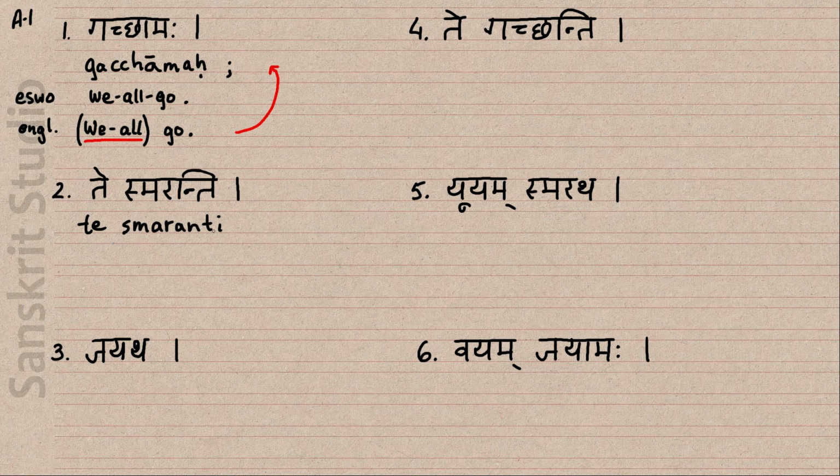We can look at the verb first and see that it is plural, and therefore it must be a masculine variant. So it's they all, and they all fits perfectly with the plural and third person.